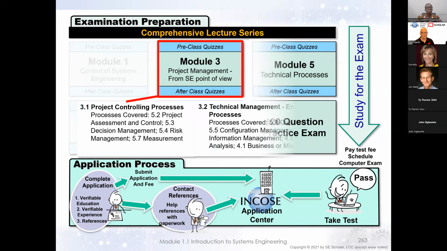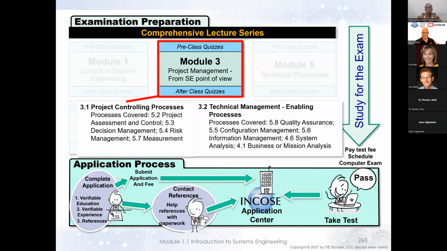For module 3, this coming week, you'll be doing project controlling processes. Those are things like project assessment and control, decision management, risk management, as well as measurement. And measurement is fairly important.